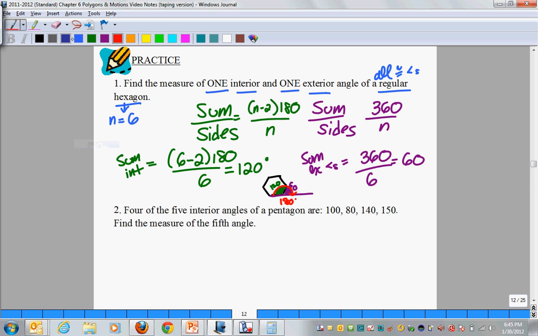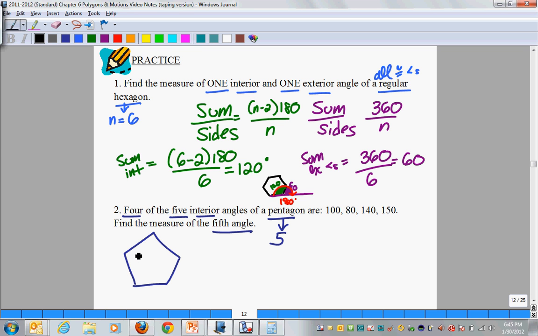It says 4 of 5 interior angles of a pentagon are 100, 80, 140, and 150. Find the measure of the fifth angle. Well, first off, pent means 5. So we have a pentagon, 1, 2, 3, 4, 5.